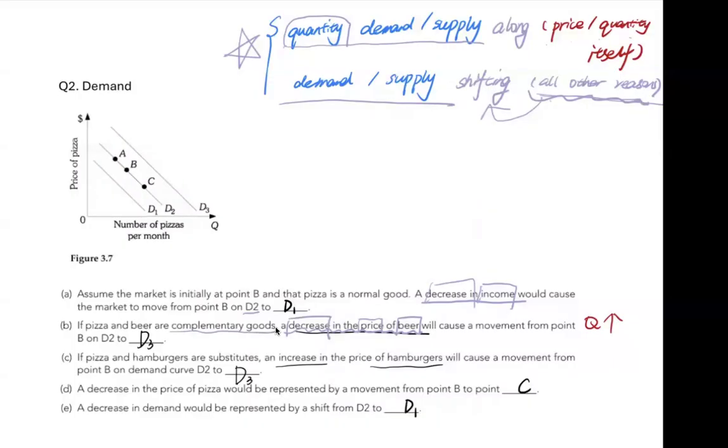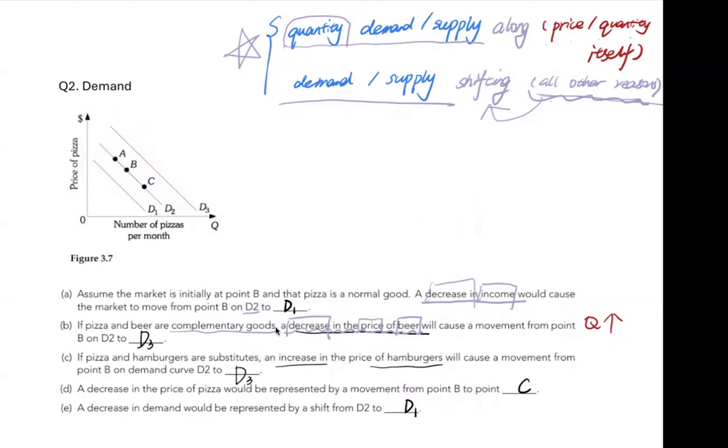So which means that, for example, in your real life, if you realize that the price of beer decreases, maybe you want to buy more beer. If you want to buy more beer, then you may need more pizza, because you like to eat pizza and beer together.